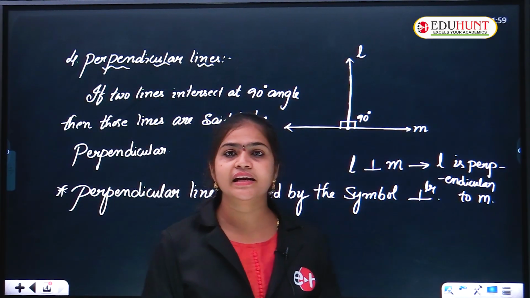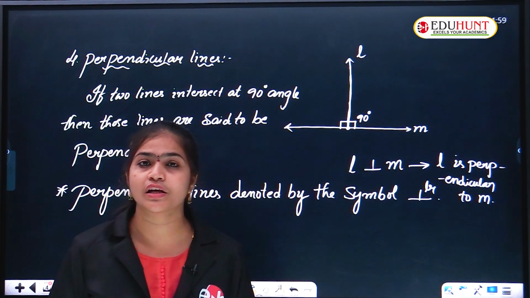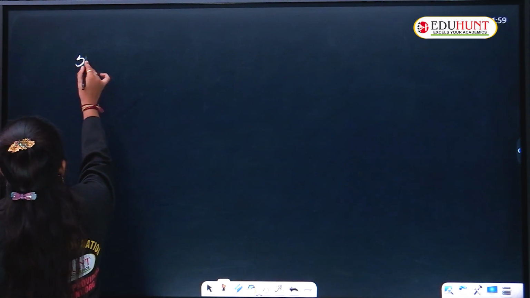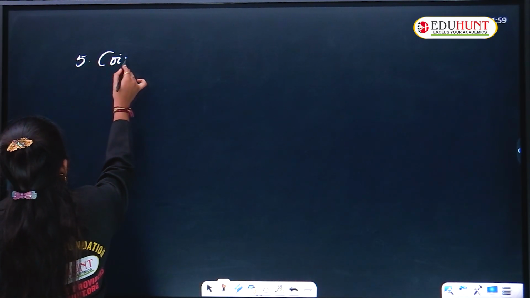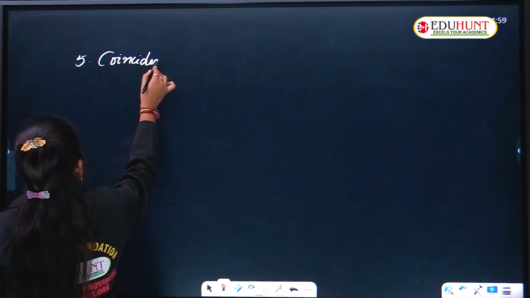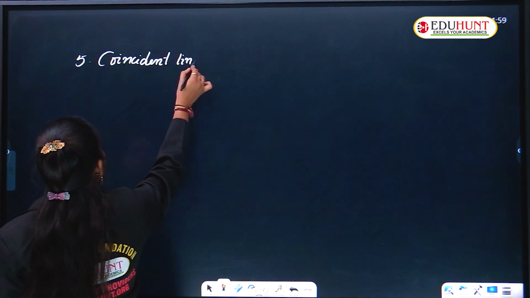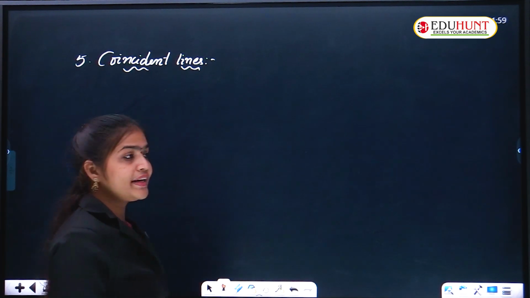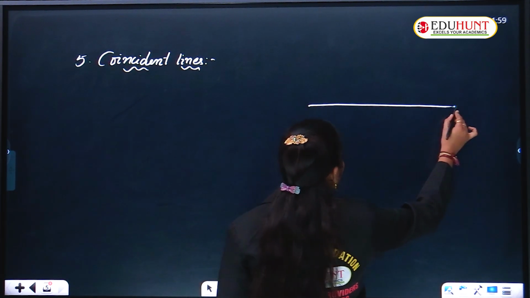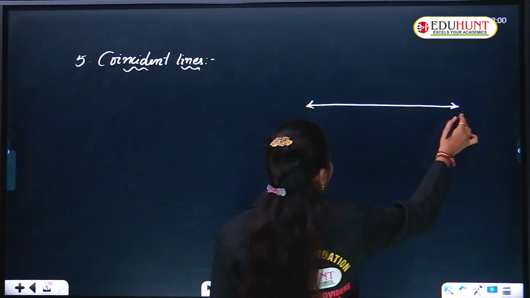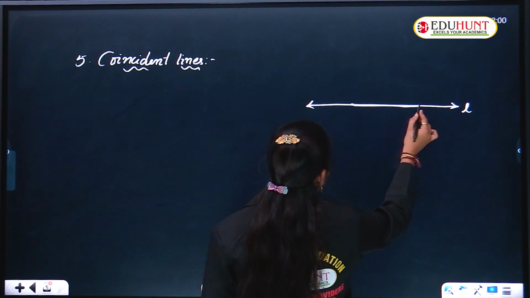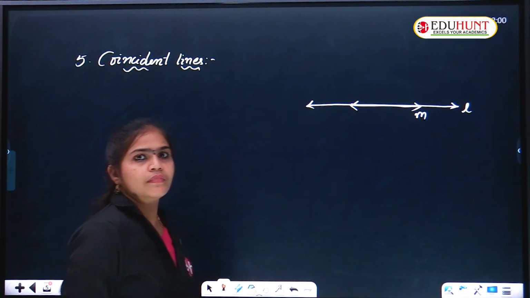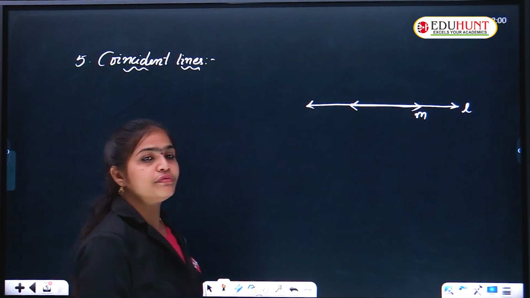And children, finally we have coincident lines. What are those? Coincident lines, the final type of lines. Coincident lines means two lines overlapped on each other. Here this is L, and on this line we can observe one more line, that is M. What is the definition of coincident lines?